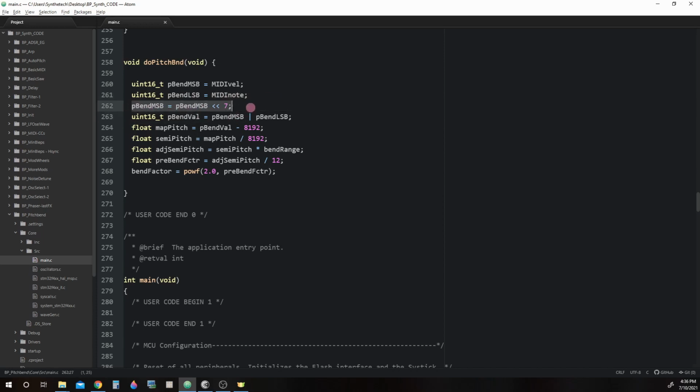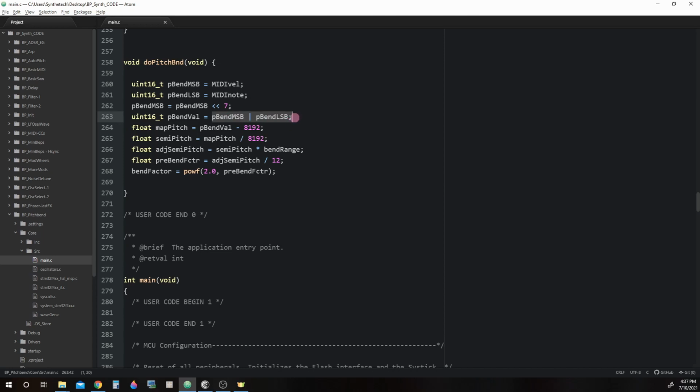Following that, we have pbend MSB equals pbend MSB bit shifted 7 bits to the left. We'll get back to this in a moment. The next operation, we are casting another local variable called pbend val, but we're going to be ORing the data from both pbend most significant byte and pbend least significant byte.